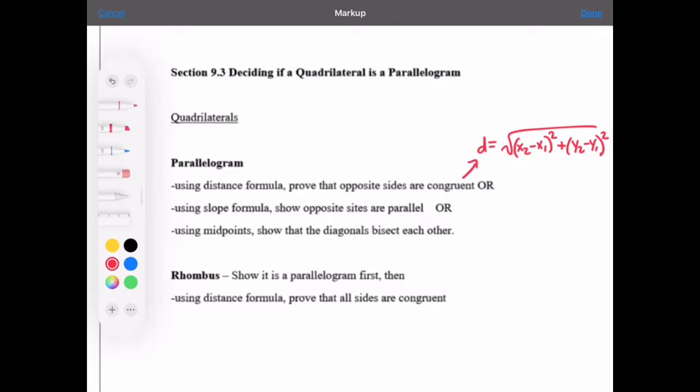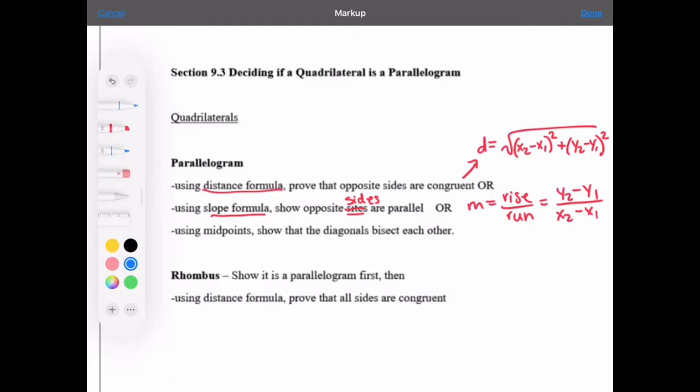Second option, use the slope formula to show that opposite sides are parallel. Okay, this should say sides, by the way. So the slope formula, if you don't remember that, it's rise over run, or y2 minus y1 over x2 minus x1. Okay?